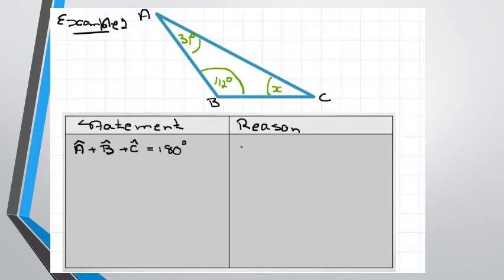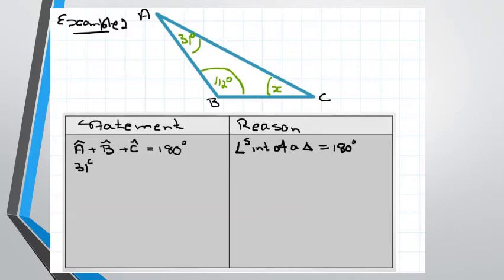And my reason, remember: the sum of the interior angles of a triangle equals 180 degrees. Now I'm going to substitute the angle of A to be 31.